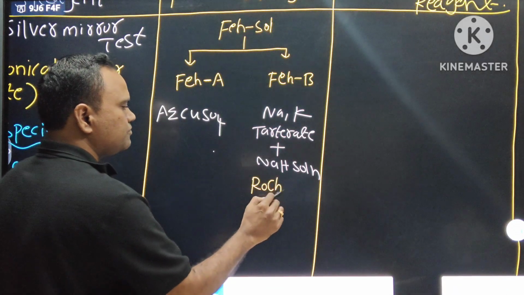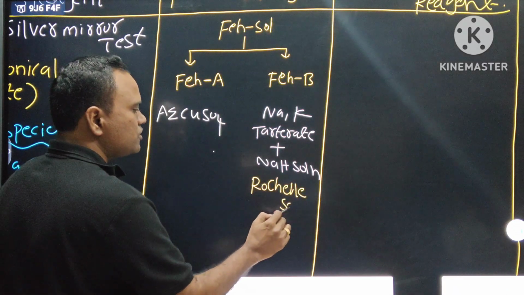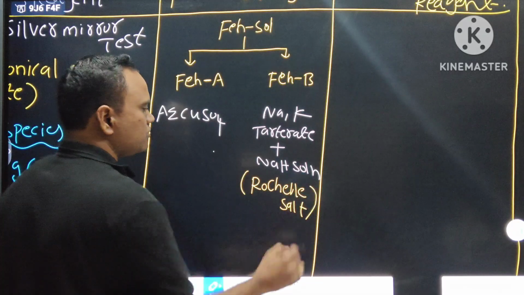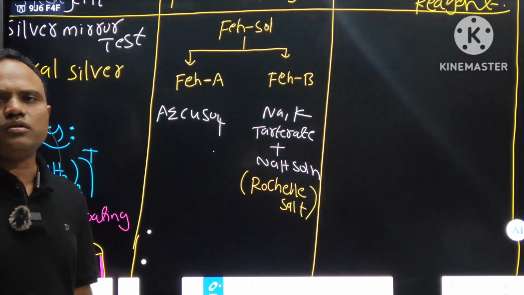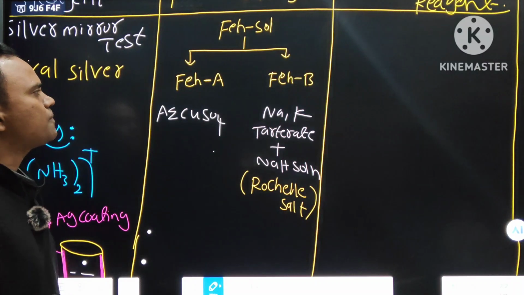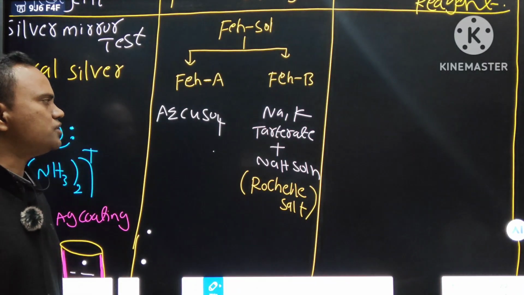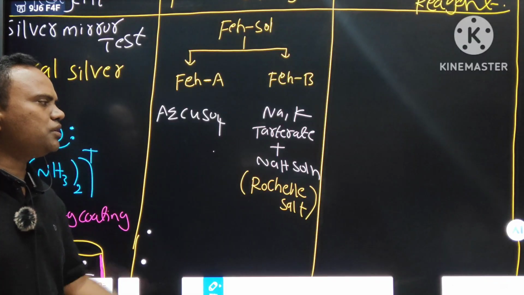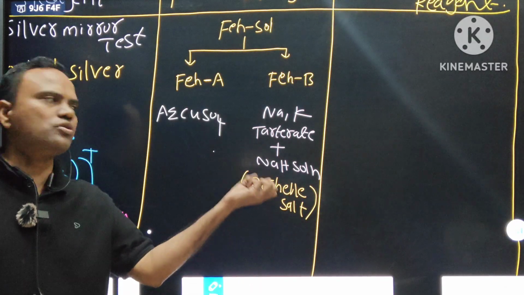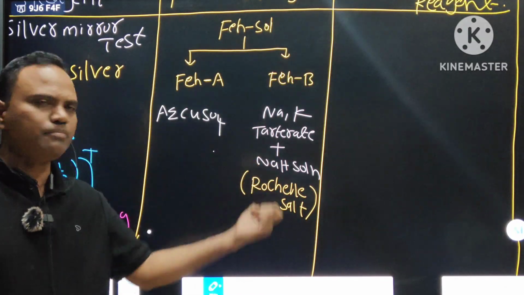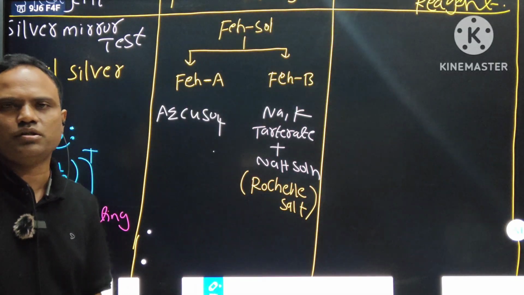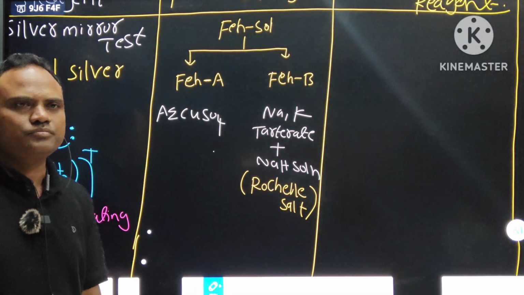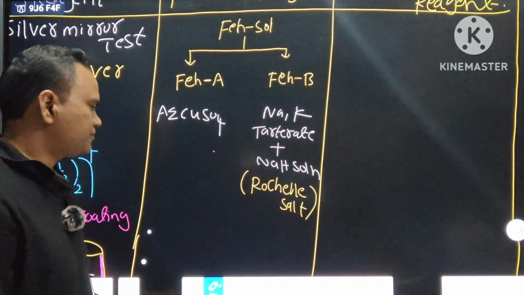Fehling solution or Fehling reagent is prepared by mixing two solutions: aqueous copper sulfate solution and sodium potassium tartrate in basic medium. We take that salt in basic medium, adding some base. This is called Rochelle salt.